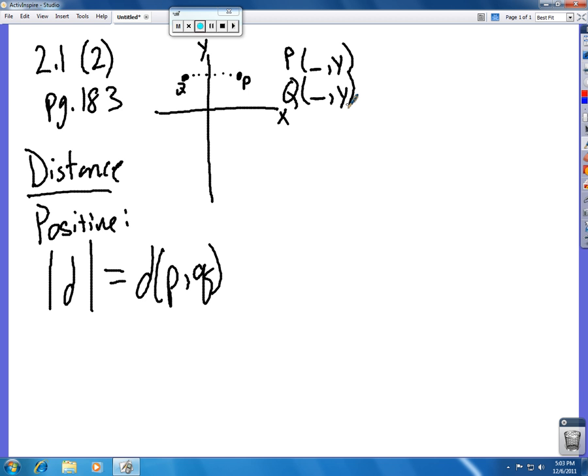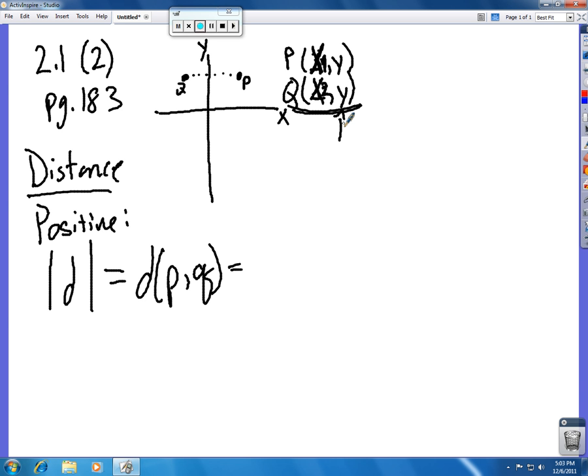So your distance here would simply be... I kind of goofed up. Here I should have said you have an x1, some x value, and some other x value. Let's say x1 and x2, but they're going to have the same y values.